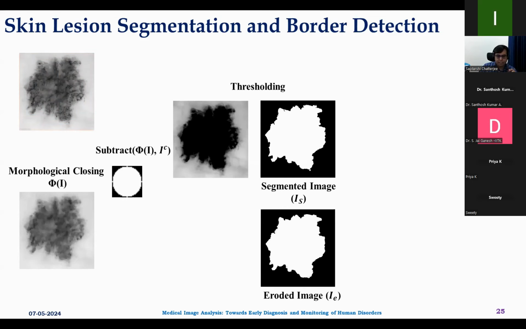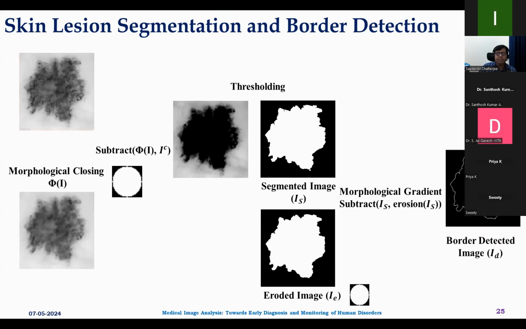Now, on that segmented image, an erosion operation has been performed with a slightly smaller circular structuring element of 4 diameter. Then a morphological gradient operation has been performed by subtracting the eroded image from the segmented image, and we have determined the border of the segmented image.